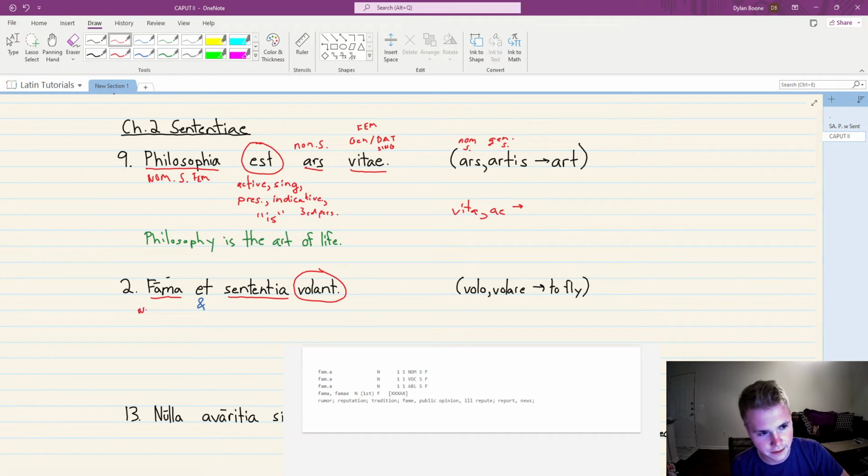So fama, good chance it's singular. We know it's feminine due to the declension, fama, famae. Same exact thing with sententia. Same declension, same nominative singular. The only question is, does this match up with our verb? Well, okay. Volant, it comes from, as we see, volo, volare.